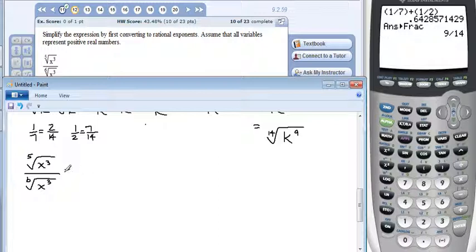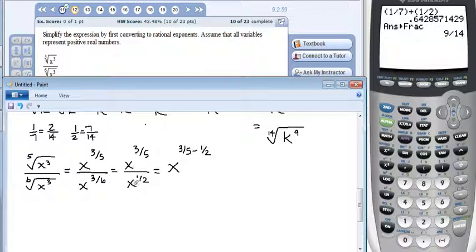All right? So this is the same as x to the 3/5 and x to the 3/6, which is the same as x to the 3/5 over x to the 1/2. Anytime that I want, I can reduce down. Using my rule, that would be x to the 3/5 minus 1/2.